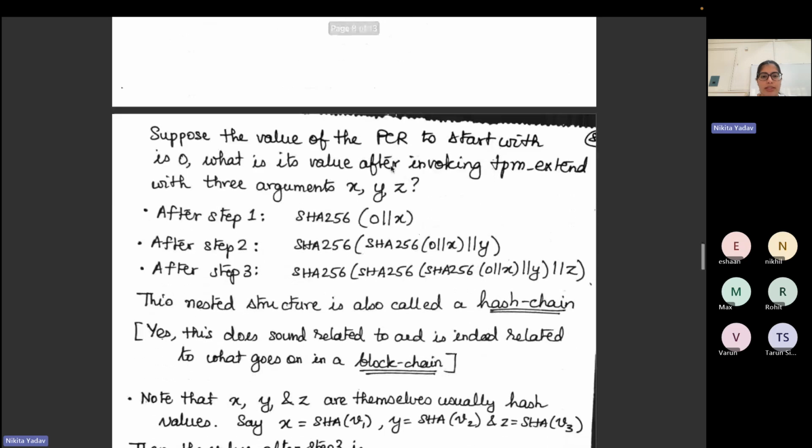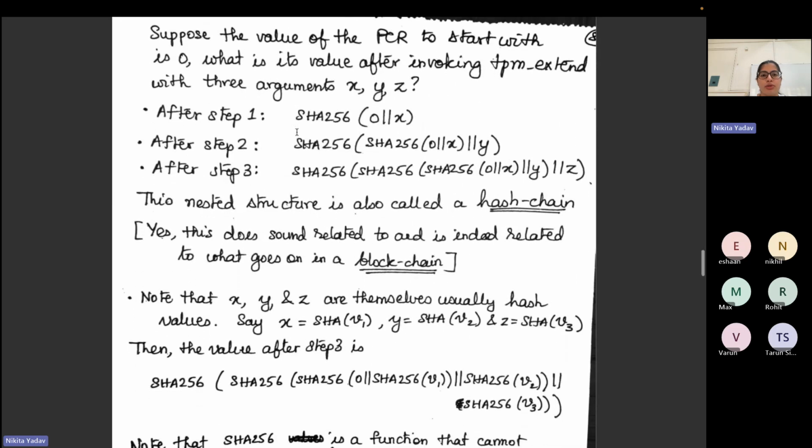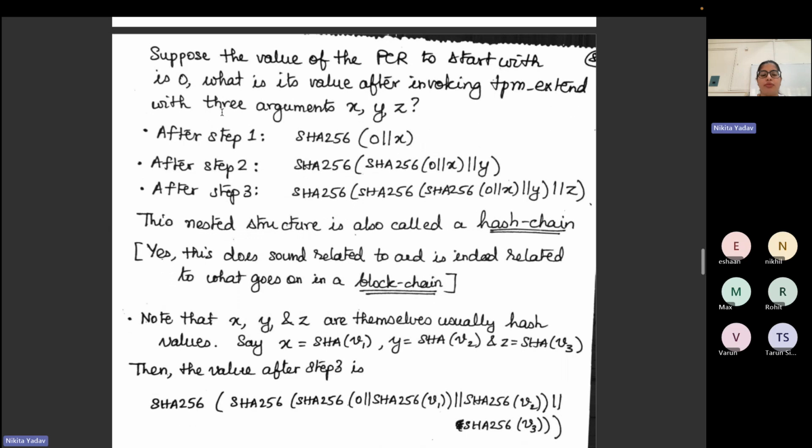This is what we discussed, and then we also looked at what happens if you call TPM extend, let's say first with argument x, then with argument y, and then with argument z. In the first step, if the value of the PCR register was originally 0, it will be appended with x, and then it will compute the SHA-256 and store this value in the PCR.